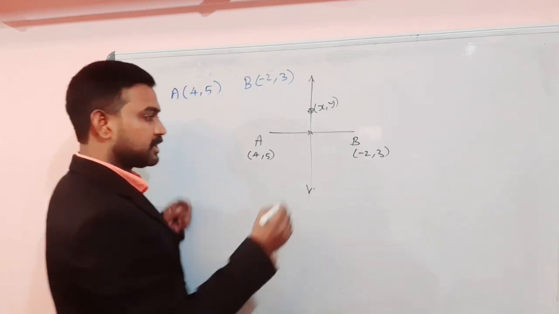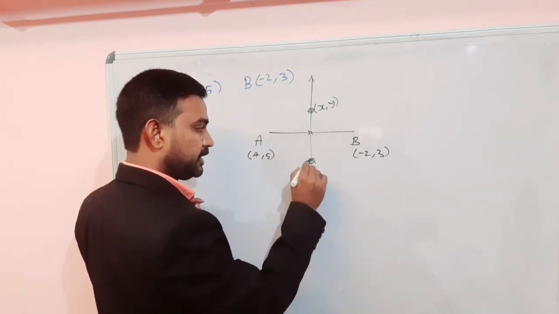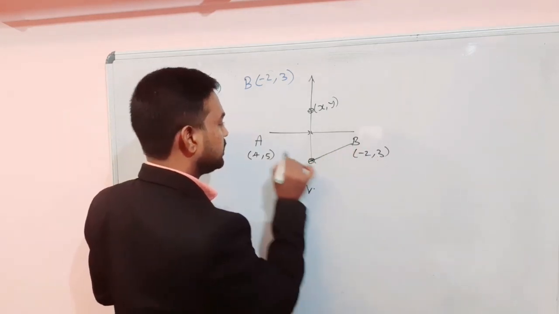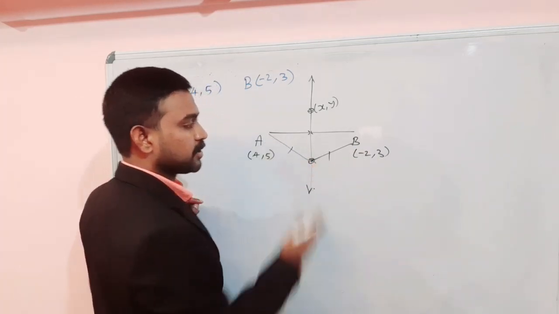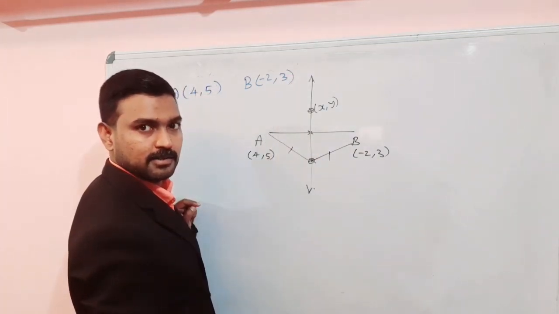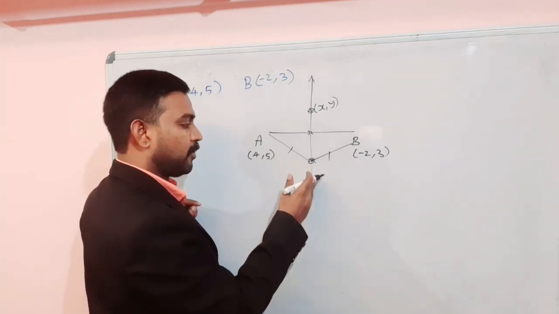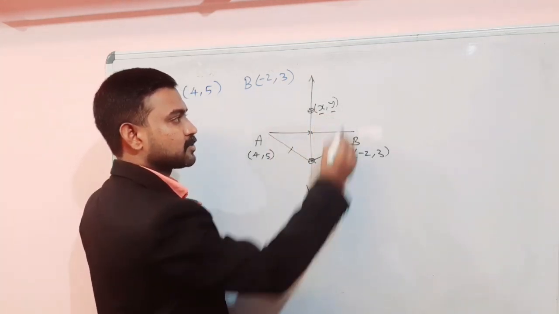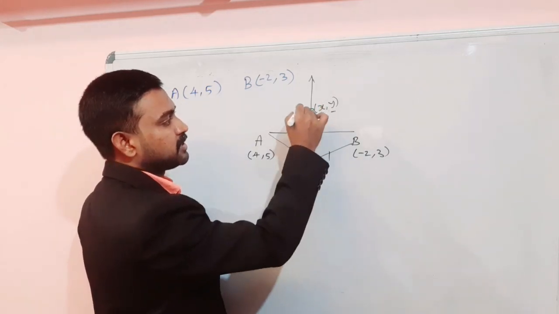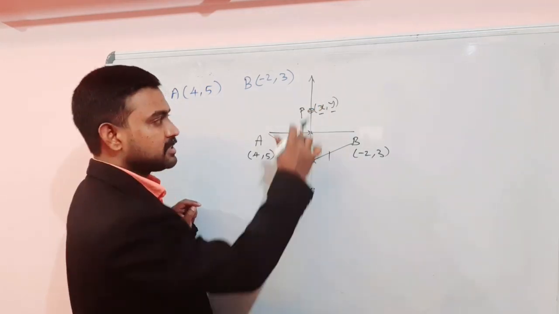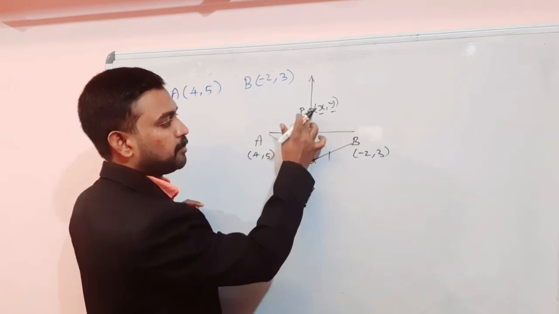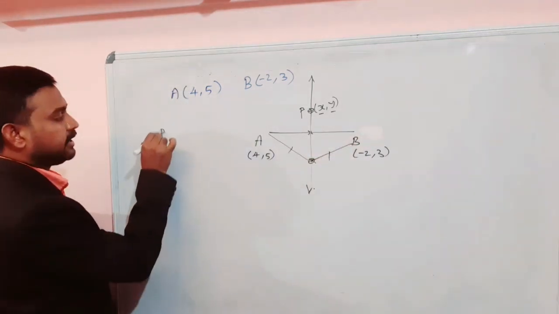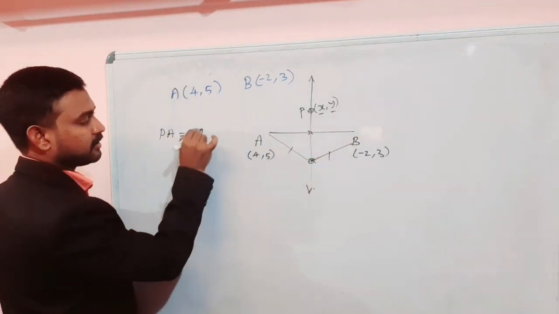So if I take a point on this line anywhere, we can consider that point as (x, y) and name it P. So the distance P to A and P to B will be the same. So we can write that PA is equal to PB.